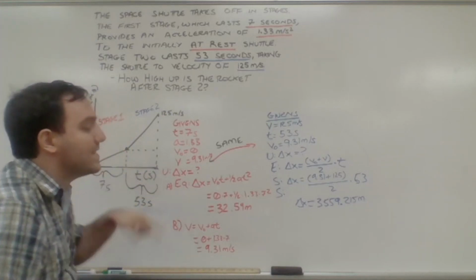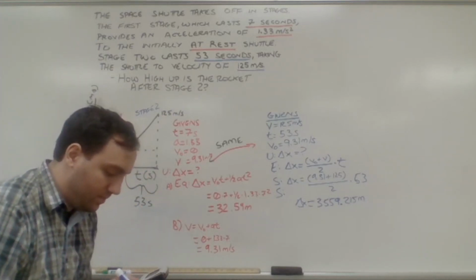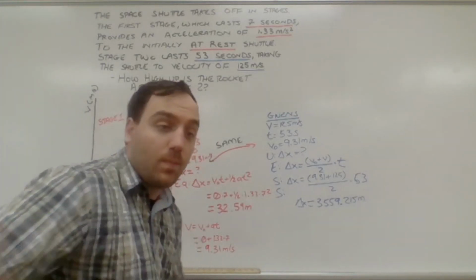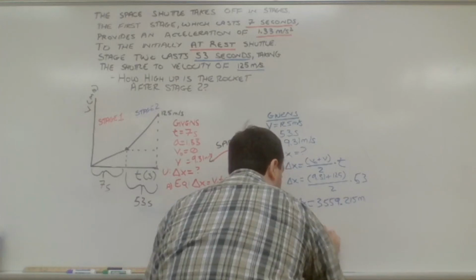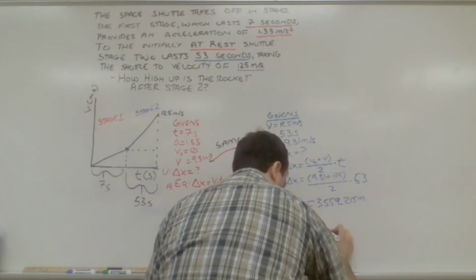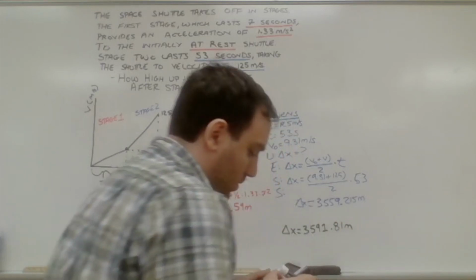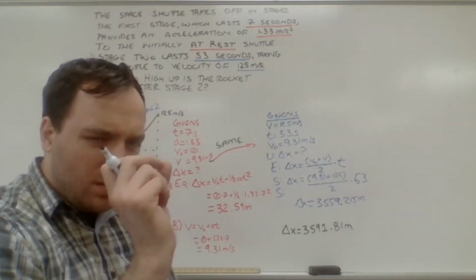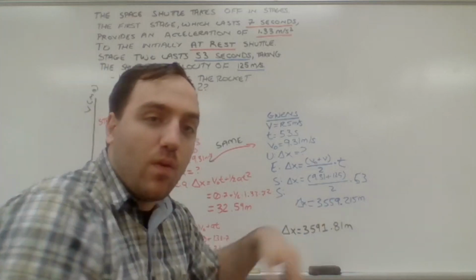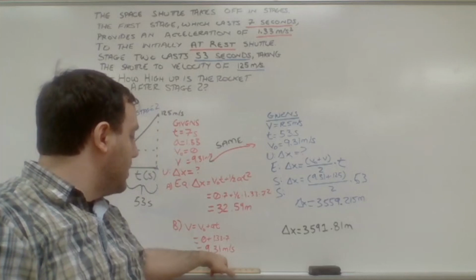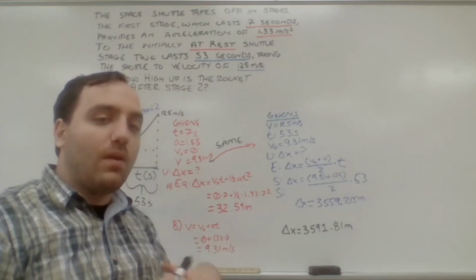What I need to do now is add my two answers together to give me a total for everything: 3,591.81 meters. And while this is a little different than we got last time, 0.81 versus 0.80, that's probably a rounding error because we had to use a number here that rounded elsewhere.